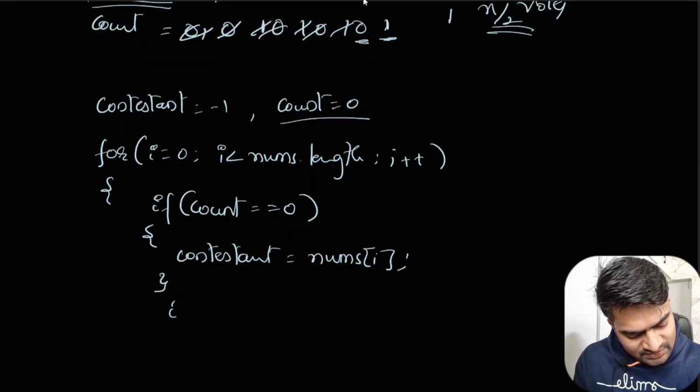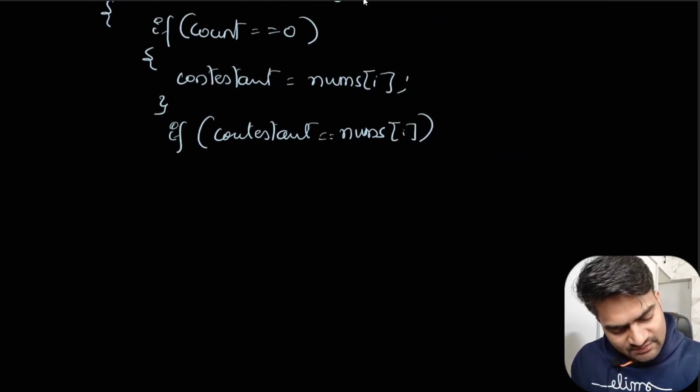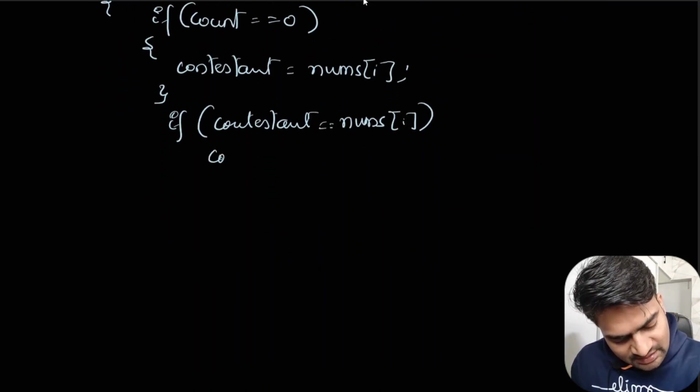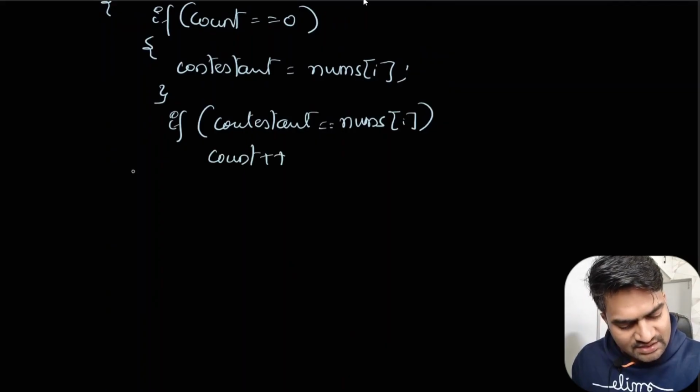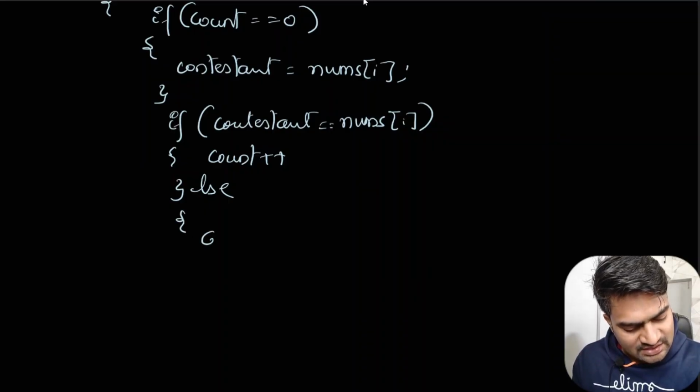Okay, so if that is not the case, as usual, we need to increase or decrease the count. So if our contestant is equal to nums of i, then I will increase my count. If that is not the case, then I have to decrease the count, minus.